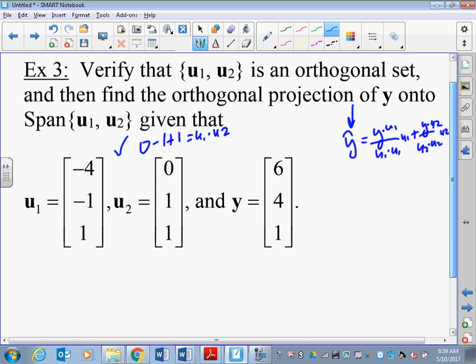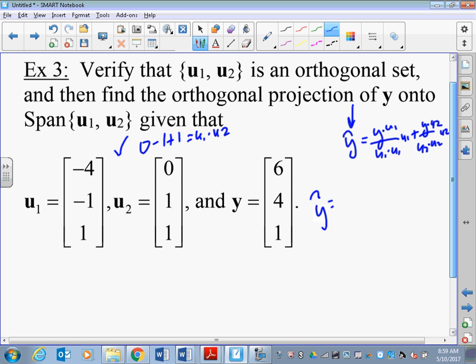Take a couple seconds and figure out what y hat gives you.